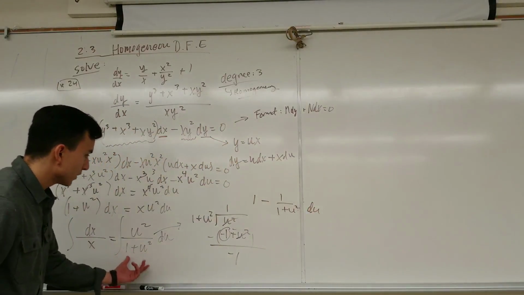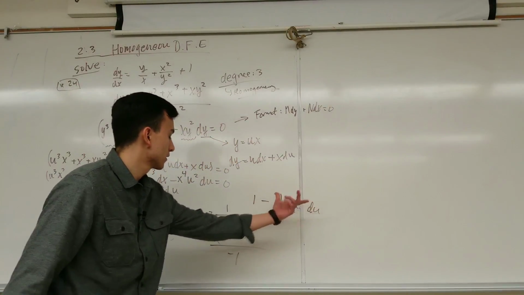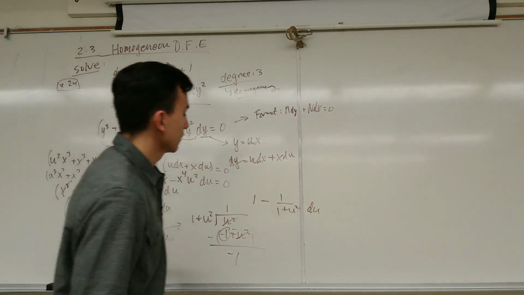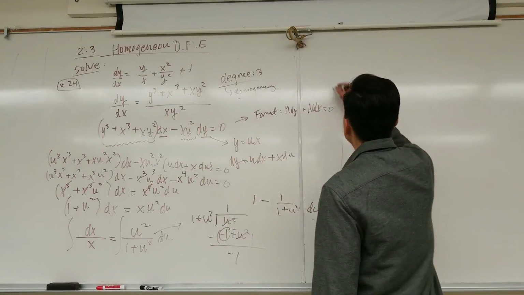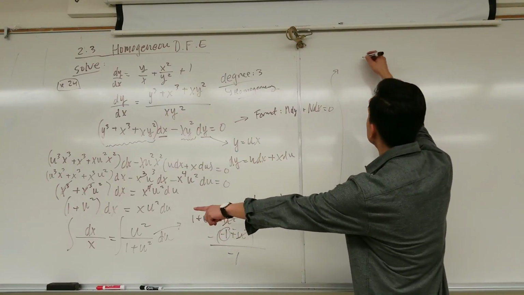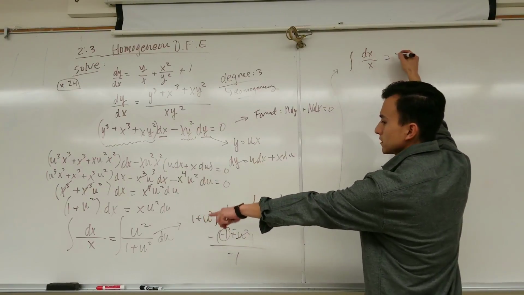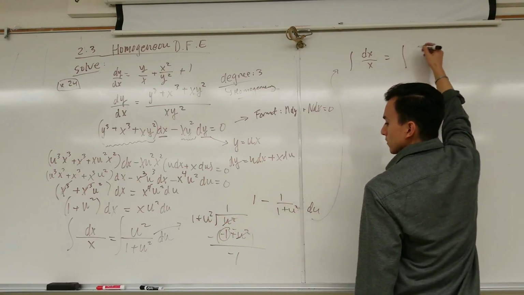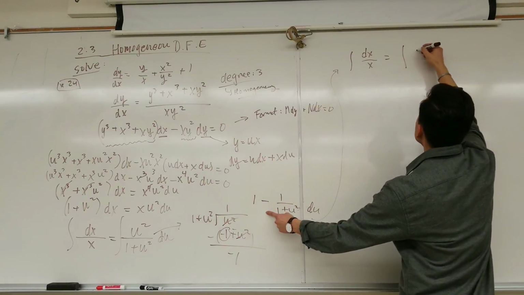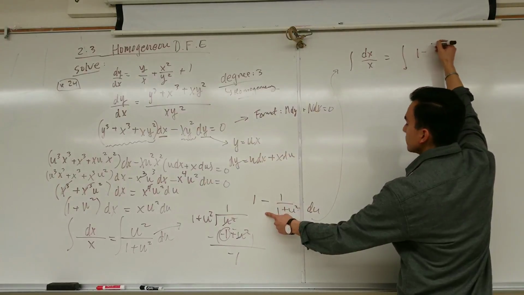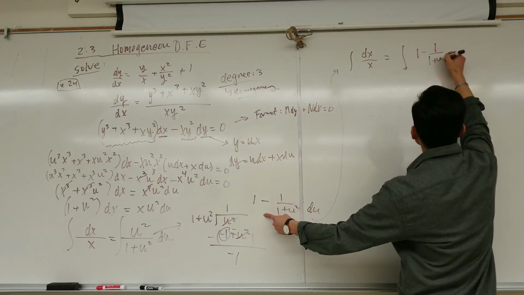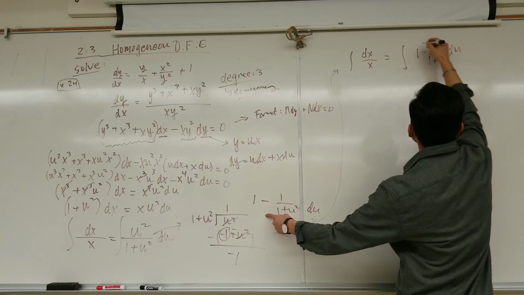So now this becomes this. Let's just do that over here. So now I have the integral of dx over x is equal to integral of 1 minus 1 over 1 plus u squared du.